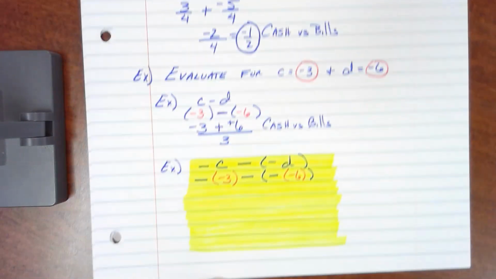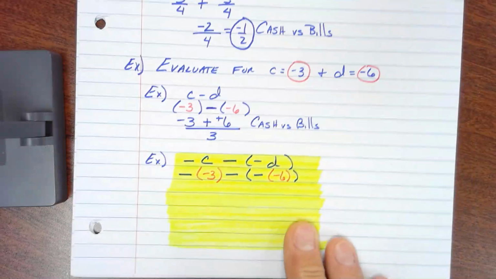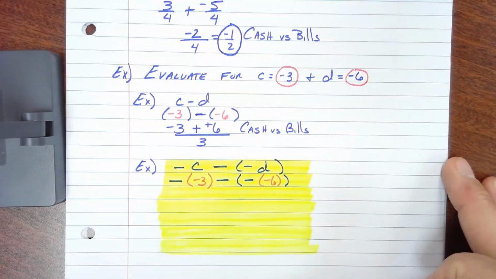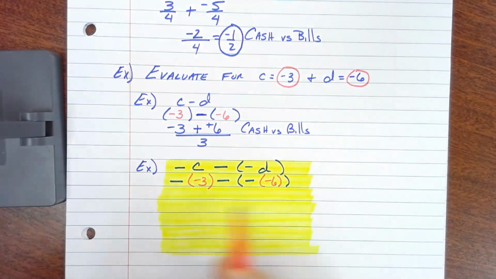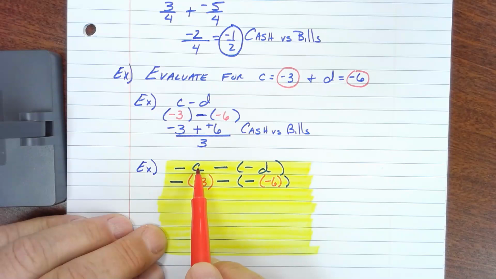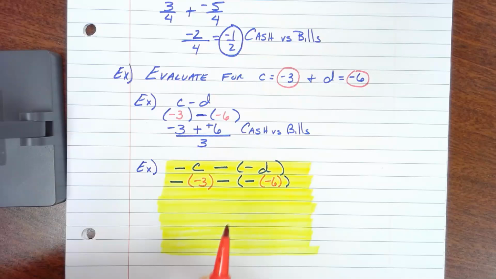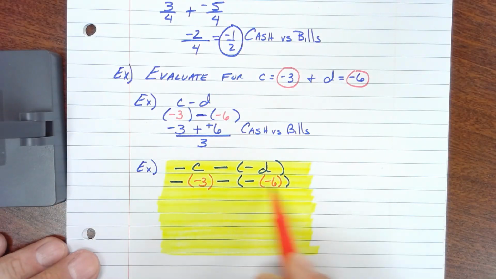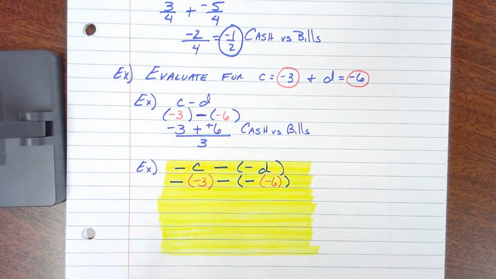I'm sorry. So everything I do, I copied down the original problem and then I left the spot where the C and the spot where the D is blank. But I copied down these other negatives and the parentheses.